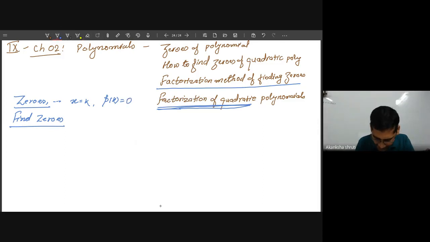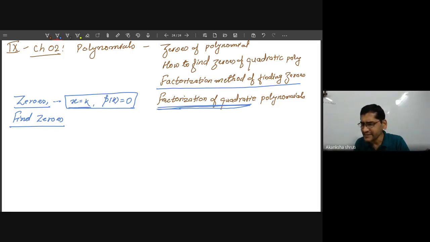So this is the condition to be satisfied for zeros, meaning the value of x for which the value of the polynomial becomes 0 is called a zero of a polynomial. So if any value of x is given, then whether it is a zero or not, that we have already determined. Means that can be checked.